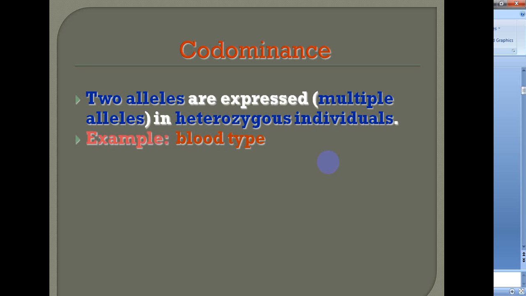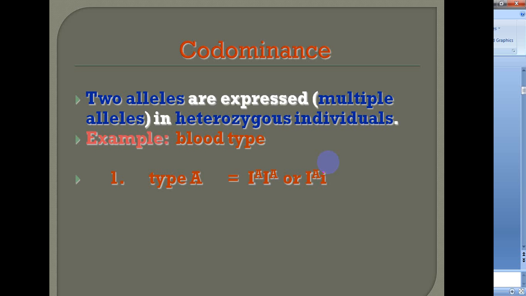One example is the blood type. This type of inheritance is called codominance, where neither allele is dominant or recessive; rather they show their presence in the heterozygous condition.